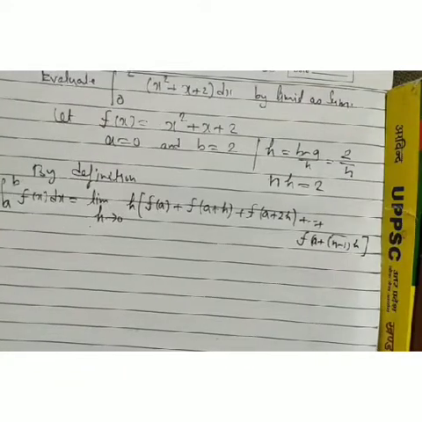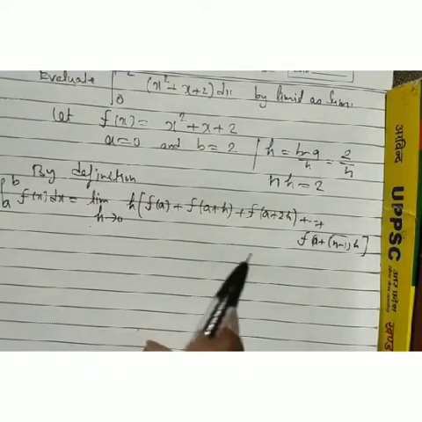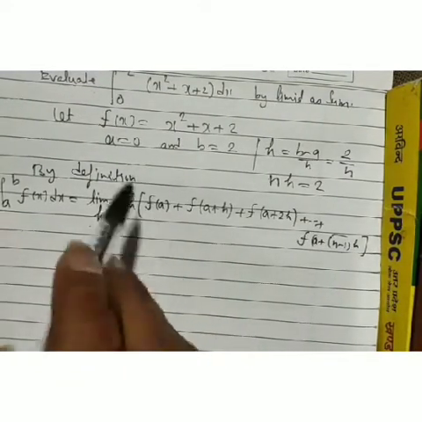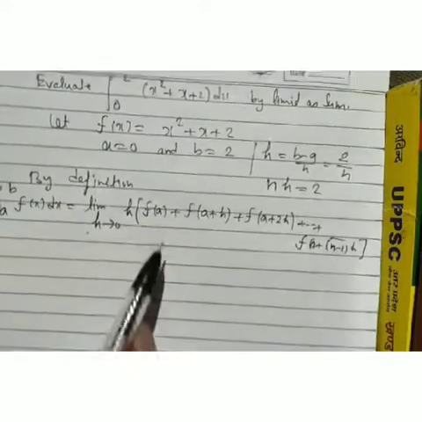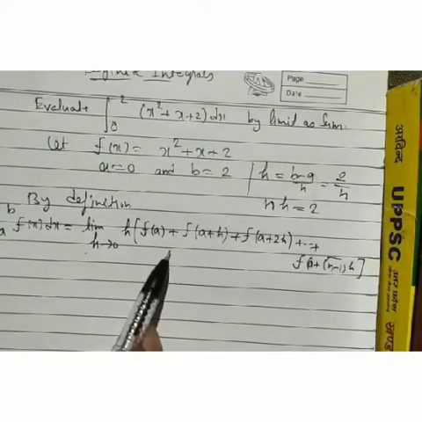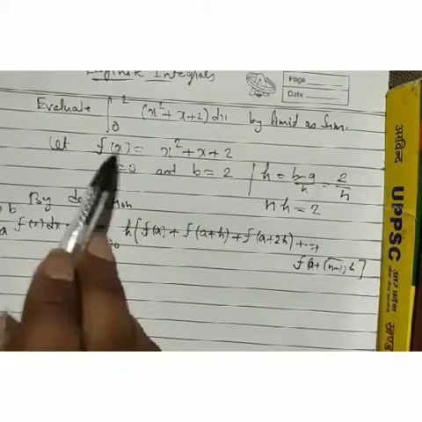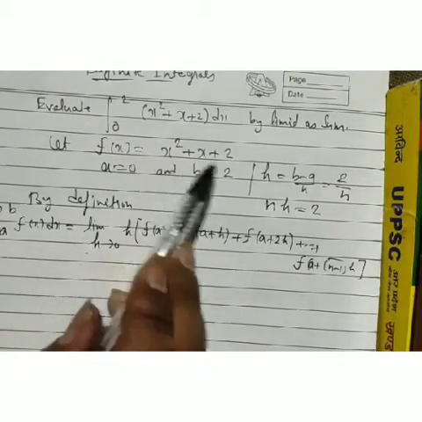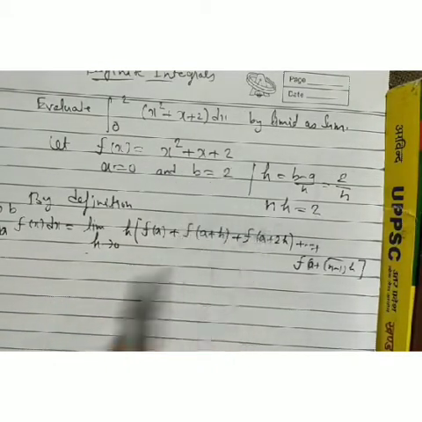This is our limit as a sum by definition. Now what is f(a)? It's f(0), which is 0 + 0 + 2, so we get 2.